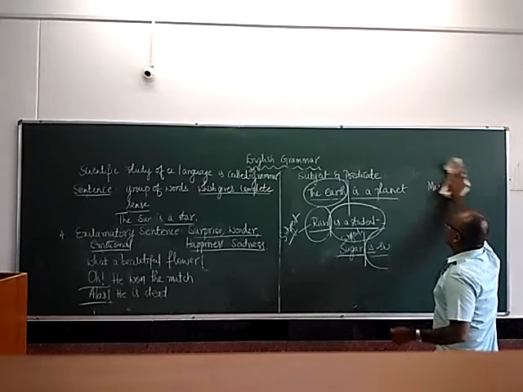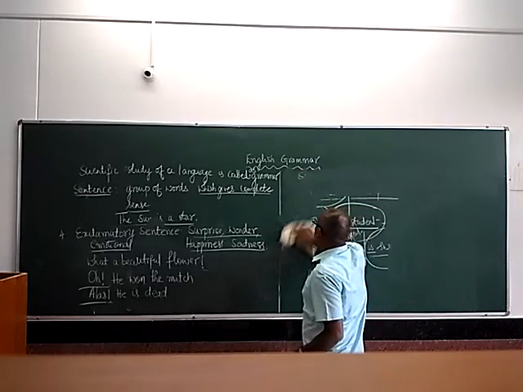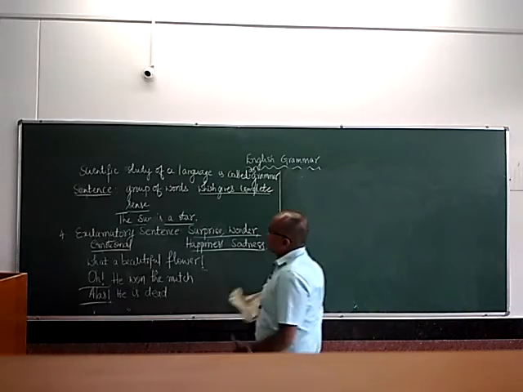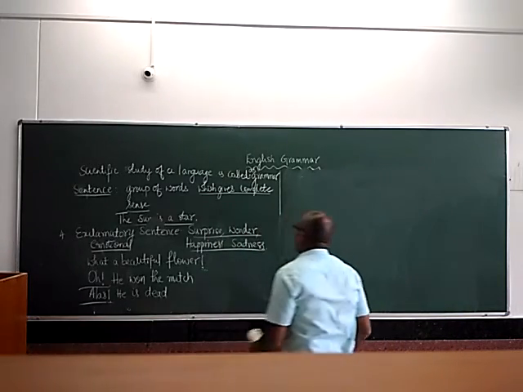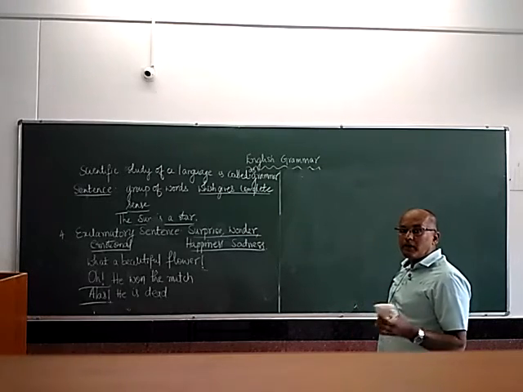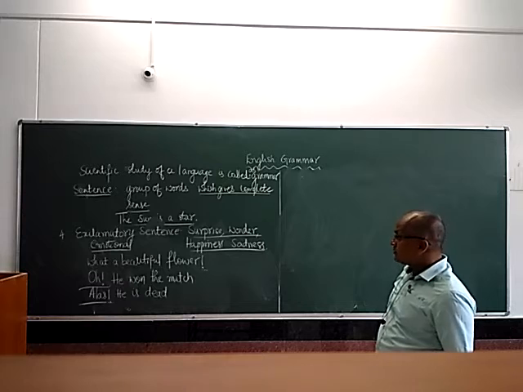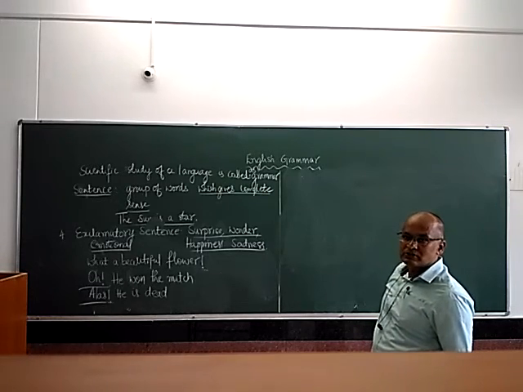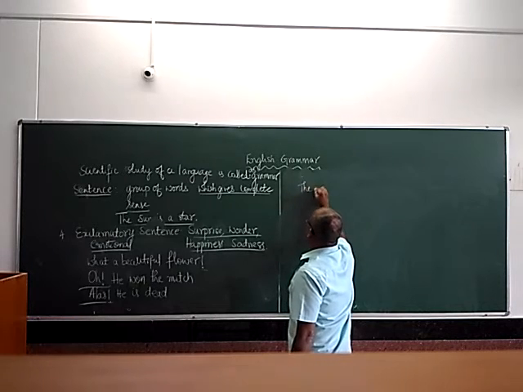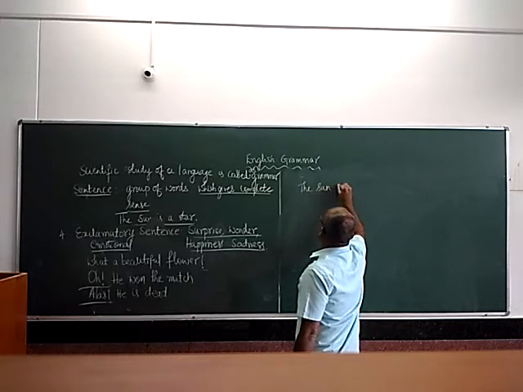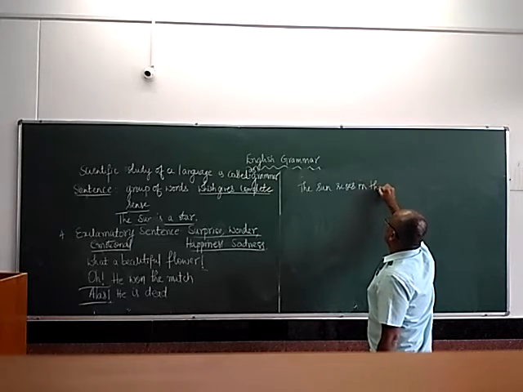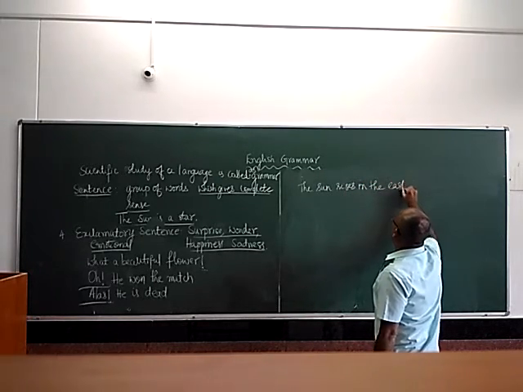Now, let us move on to another topic. You know that sentence is nothing but a group of words. If it is not giving a complete sense, though it is a group of words, what will be called? Say for example, the sun rises in the east.